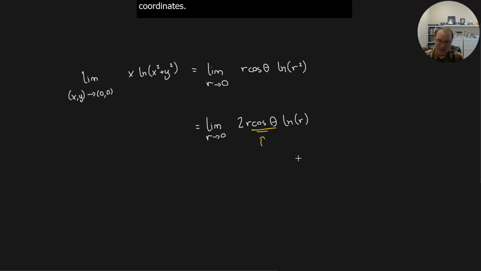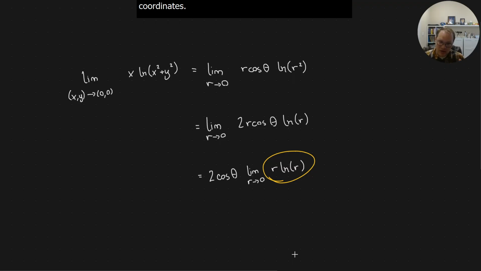Cosine theta does not affect the radius at all, nor is it affected by the radius. So it has nothing to do with the limit. So I can pull out both the 2 and the cosine theta from the limit, leaving me just r natural log of r. Okay.